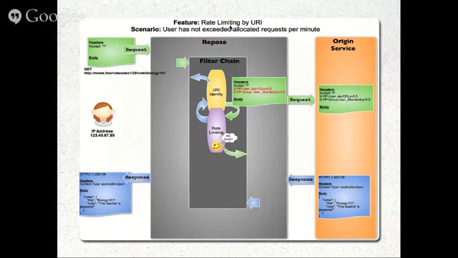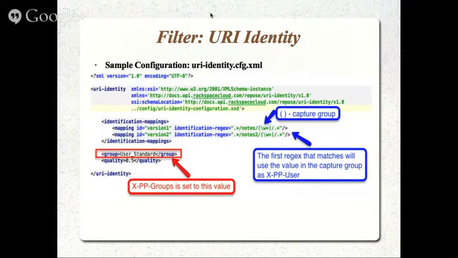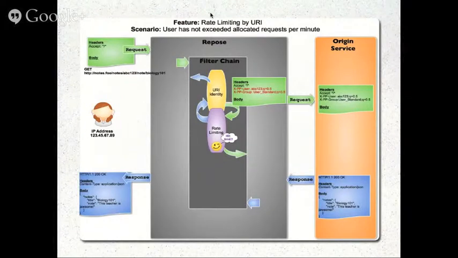So this example is showing the URI identity. We're pulling out of here based on this config here. We're going to pull out a capture group after notes, whatever is there before the next slash. And so in this example, Jane Racker is trying to do a get of notes.foo/notes/abc123, which in this case we'll say is her account number, /note/biology 101.